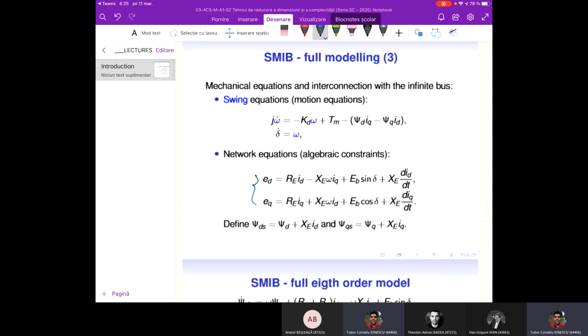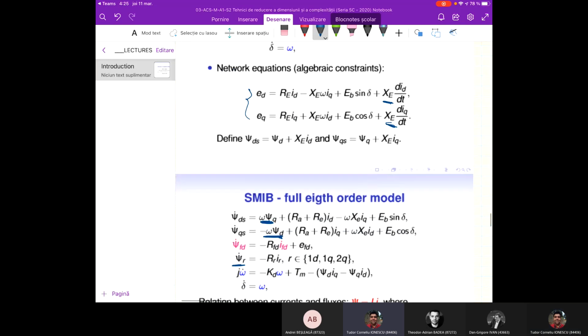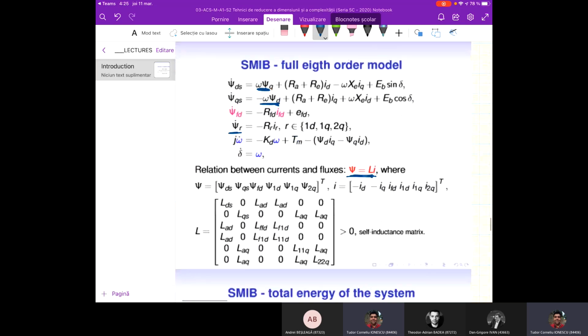However, these algebraic equations can be turned into dynamical equations in this form. And if we remember from last time, we've got 8 nonlinear equations that define such a model.